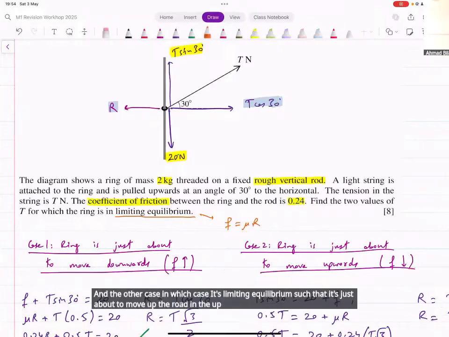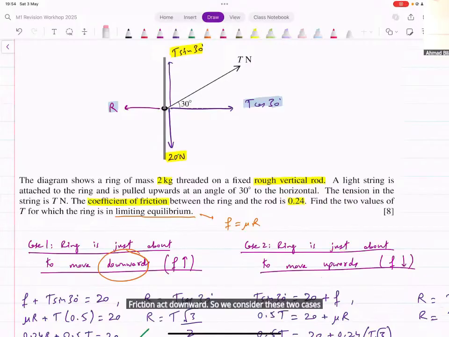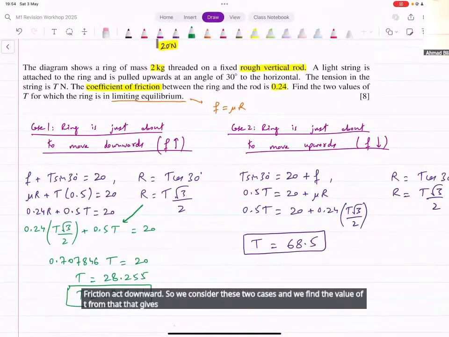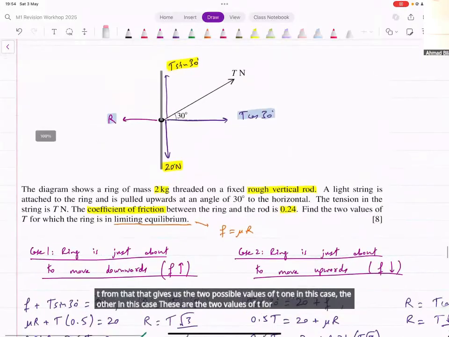When it's about to move downwards, where does friction act? That acts upwards. When it's about to move upwards, friction acts downwards. So we consider these two cases and we find the value of T from that. And that gives us the two possible values of T, one in this case, the other in this case. These are the two values of T for which the ring will be in limiting equilibrium.